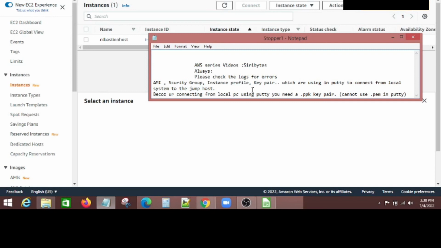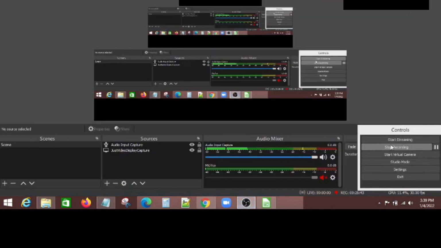There are so many things you can do while creating an EC2 instance, but I'm explaining it in a simplified way.